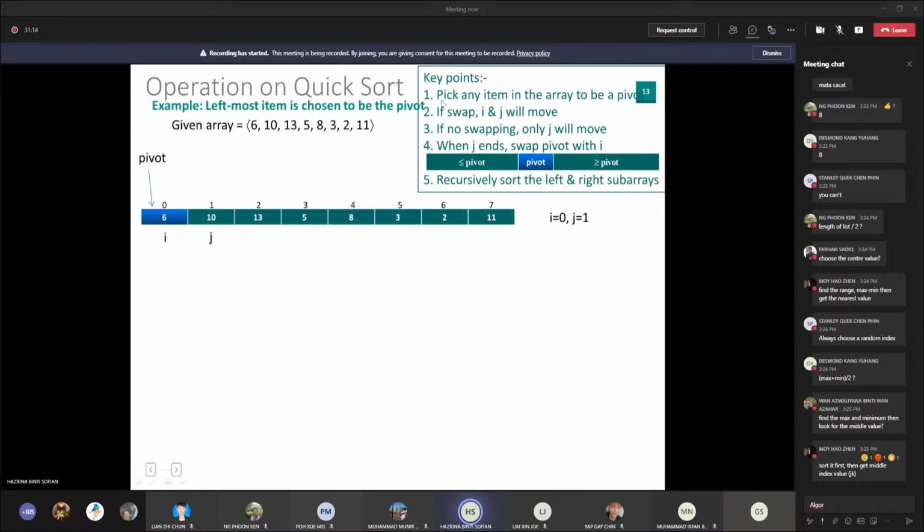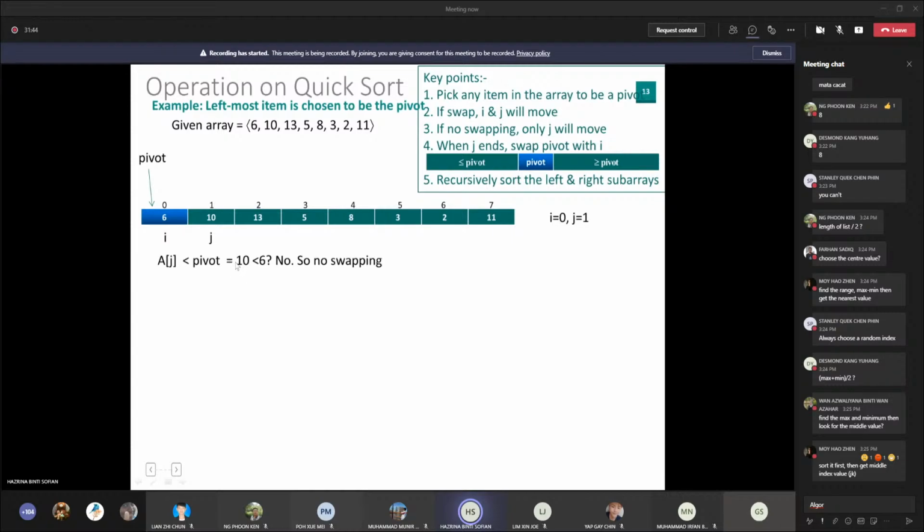So we already did the first key point, which is to pick a pivot. Next, we do the comparison. When we want to do the comparison, we need to compare the value of j with the pivot. The value of j is 10, the value of pivot is 6.